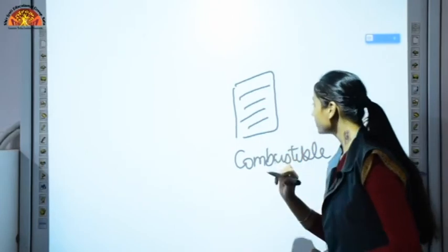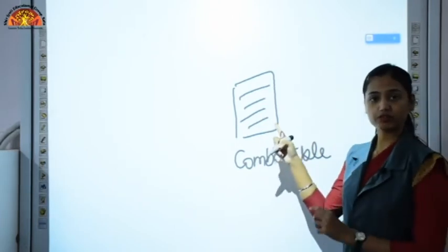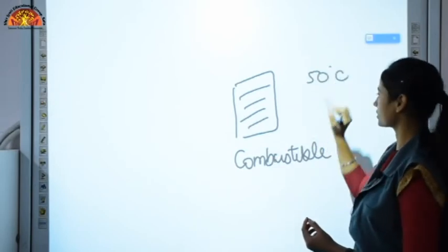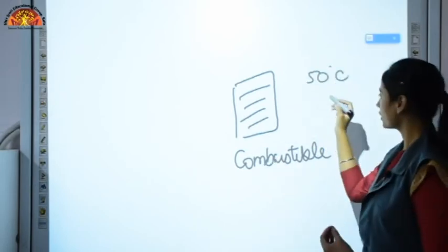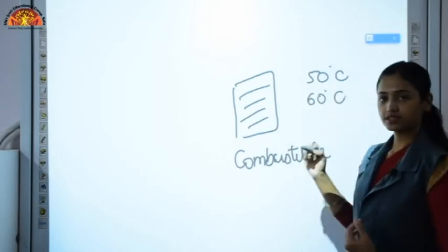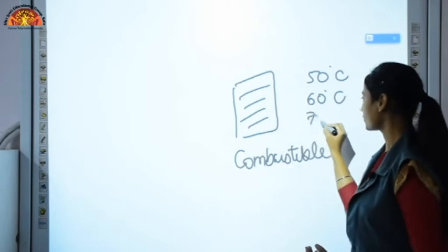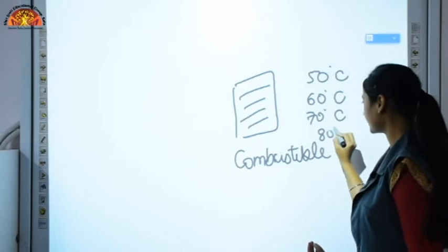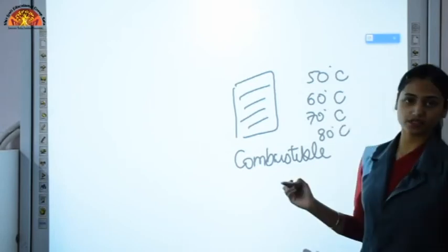Now I raise the temperature of this paper to, let's say, 50 degree Celsius. It is still not burning. I again raise the temperature to 60 degree Celsius, still not burning. Then 70 degree Celsius, still not burning. Then 80 degree Celsius, again it is not burning.